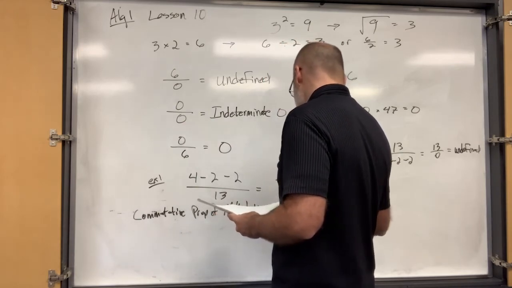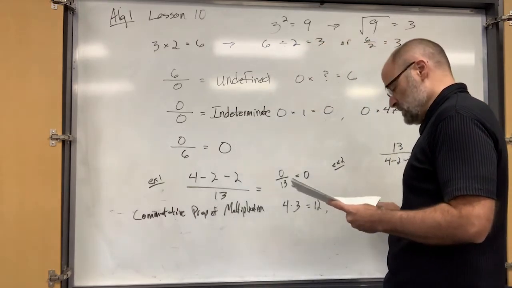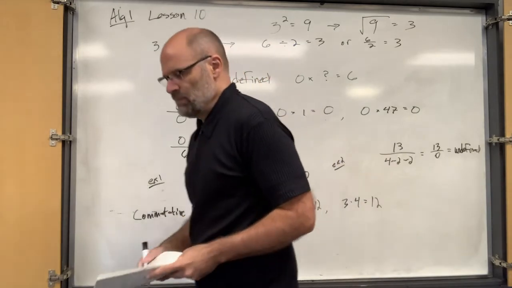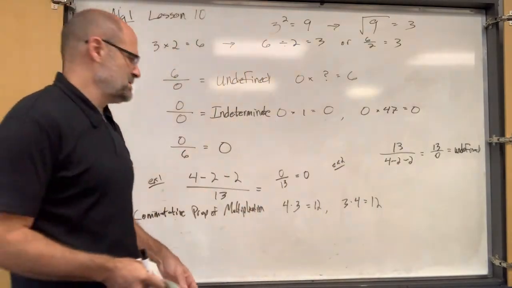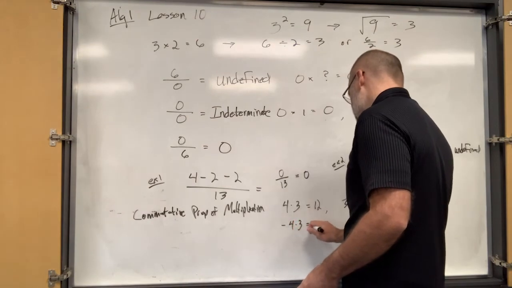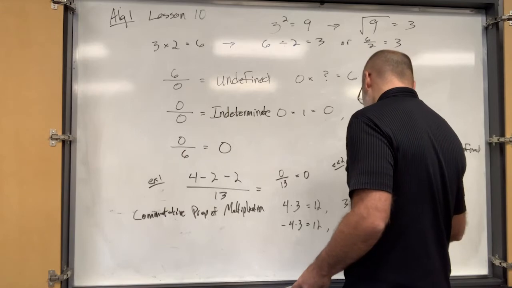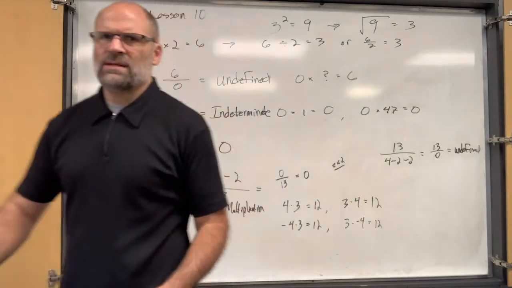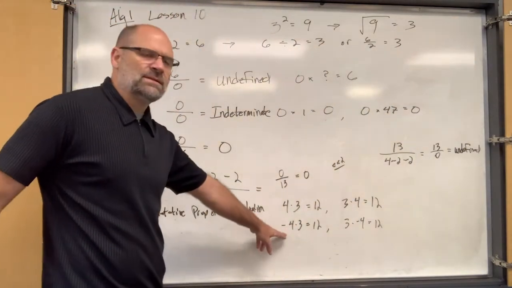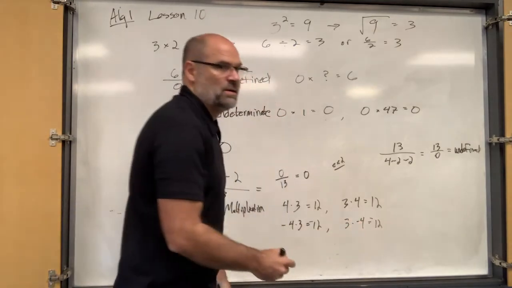4 times 3 equals 12. 3 times 4 equals 12. Right? Well, it's the same with signs. So -4 times 3 equals -12. 3 times -4 equals -12. Because the same rules apply. You guys got to be on your game.